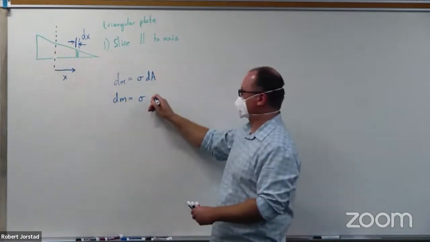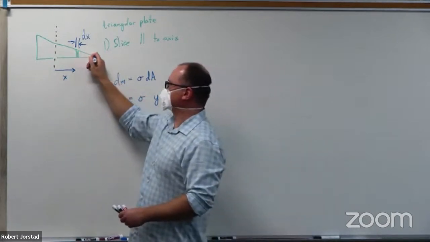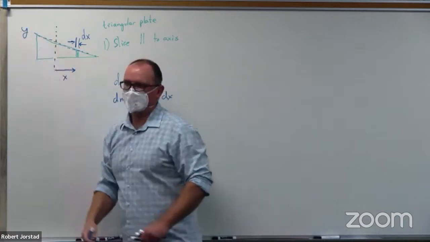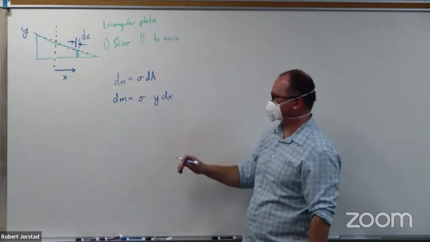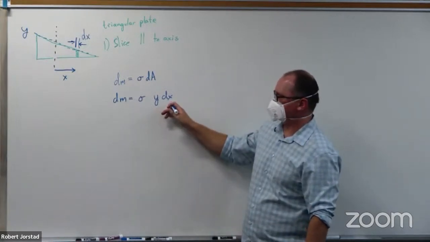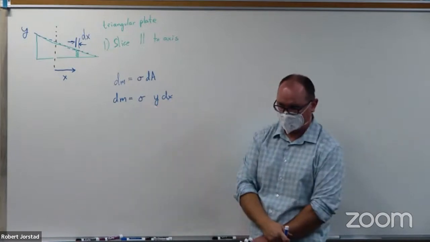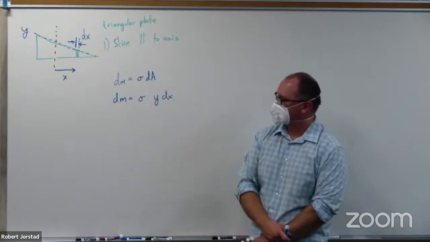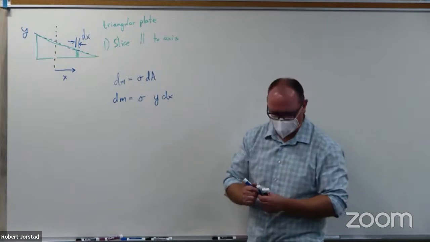I would call it y dx, where y is the value of this function. You know what I'm saying? Y can change. And so then dx would be the width of it, height times width times the density, you get a mass. All right. So far, so good?